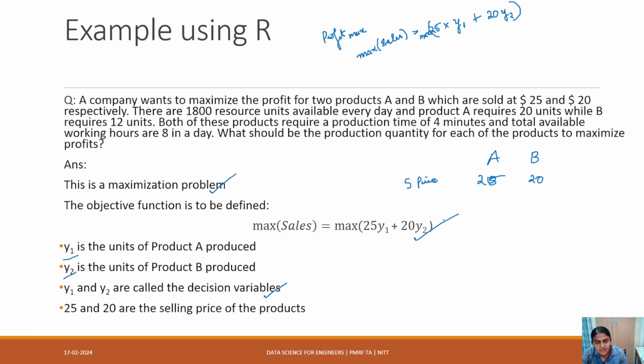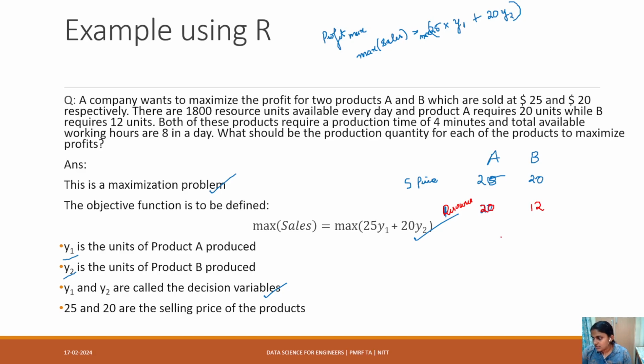Now it's given that 1800 resource units are available every day, and product A requires 20 units while product B requires 12 units. So I can write the resource: A requires 20 and B requires 12 units.